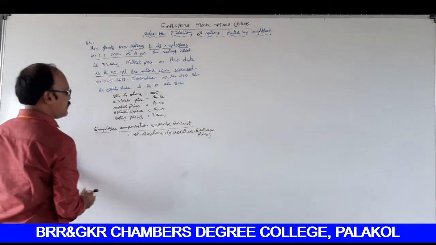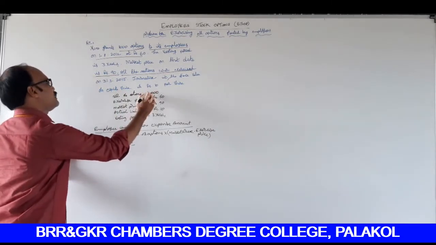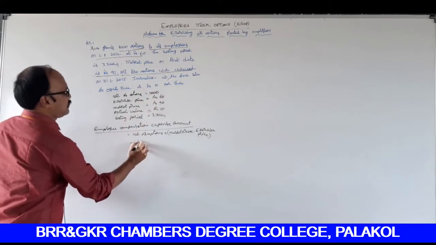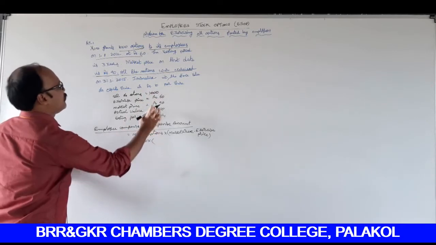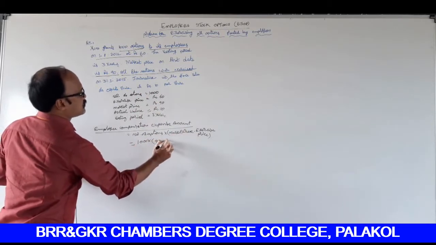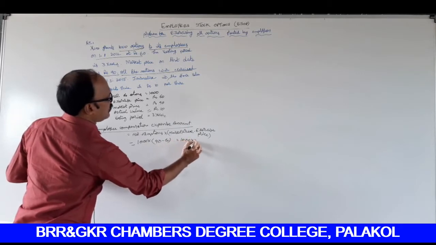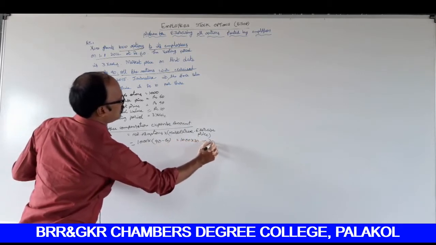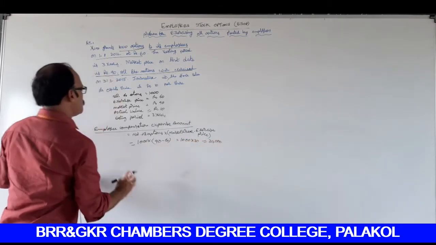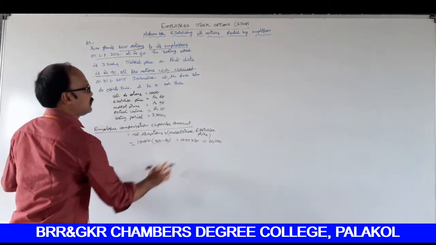That is 1000 into market price 90 minus exercise price 60, equal to 1000 into 30, equal to 30,000. So total employee compensation amount is 30,000.